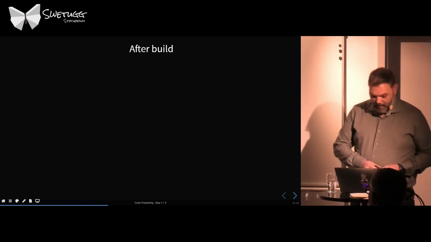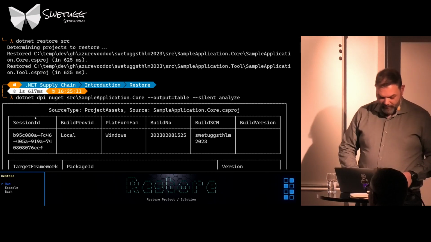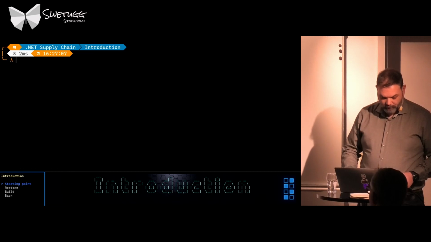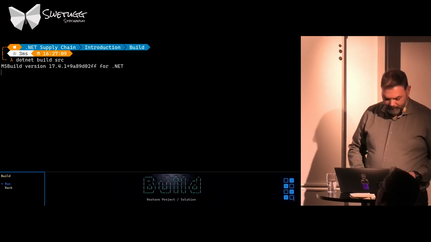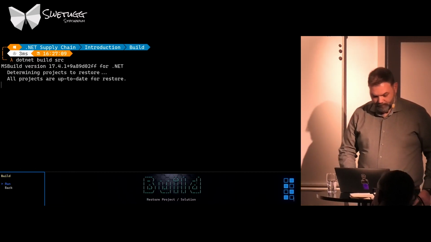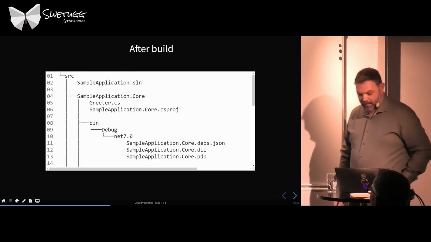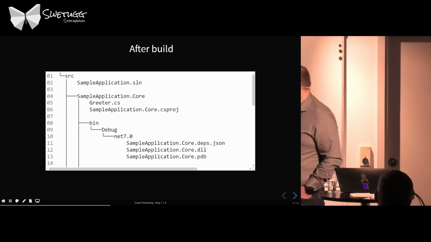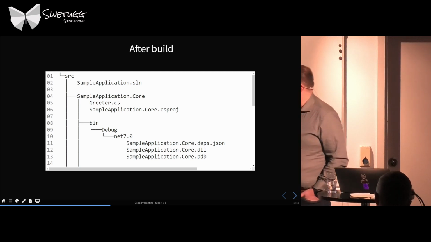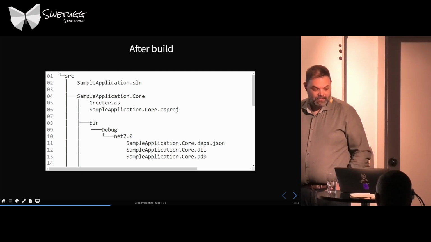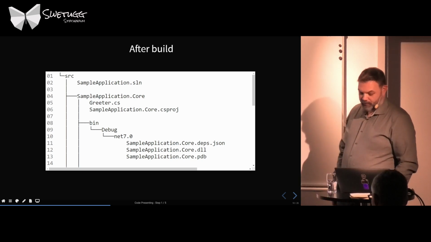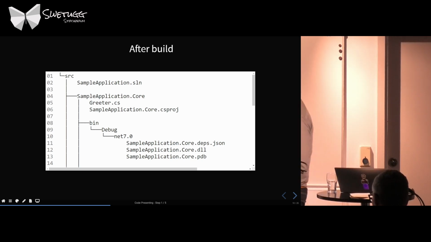So let's do a build, because then it gets even more interesting. If we build, we'll also get our bin folder, which has a debug or release folder, and we also get the output folder, and we also have a dependency JSON.